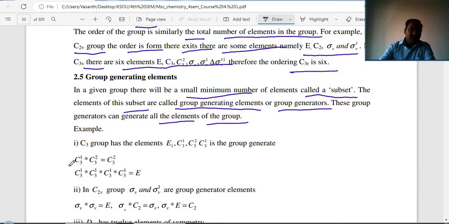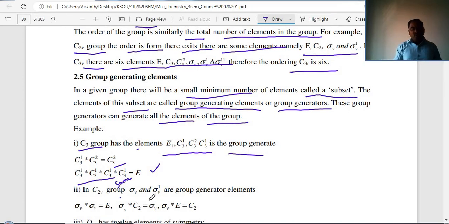For example, the C3 group has the elements E, C3 dash, C3 squared. Here C3 into C3 squared, what does it become? C3 cubed. If the same, what do we get? Identity only.